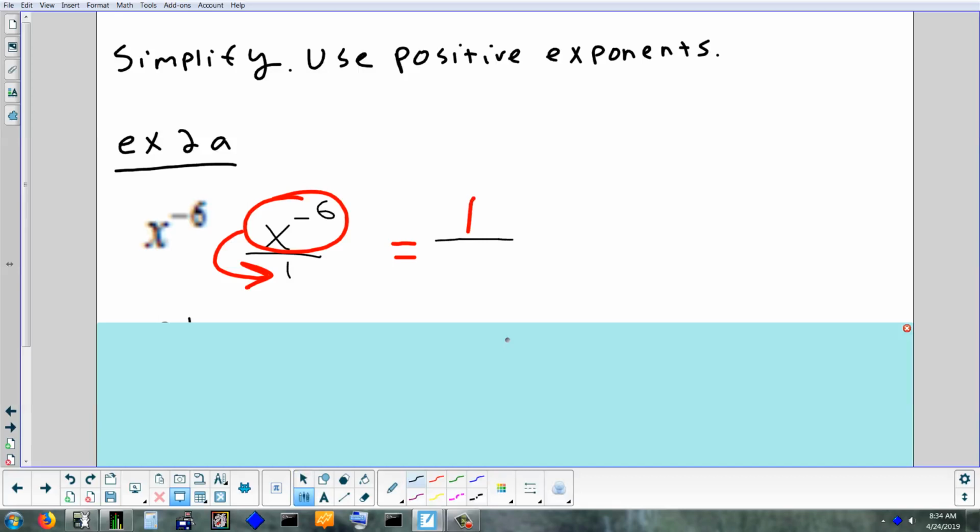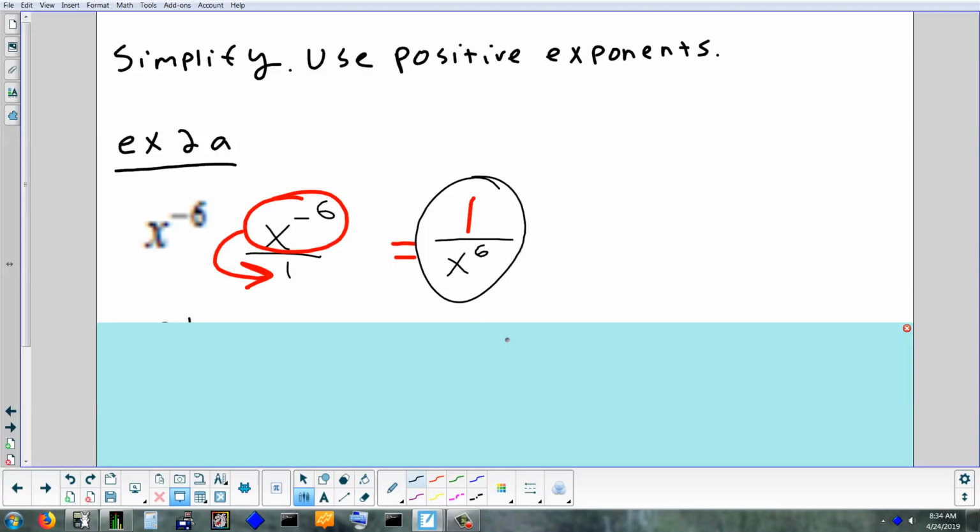Now we have this 1 in the top because there was nothing left there. What's going to be in the bottom? X to the 6th. No negative. That was the point of moving it. You move it, it gets rid of the negative.